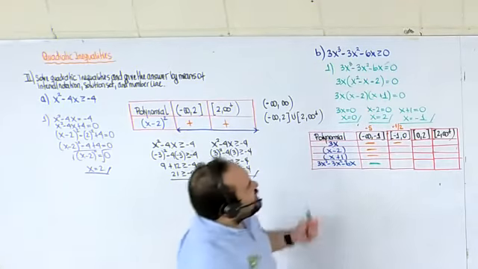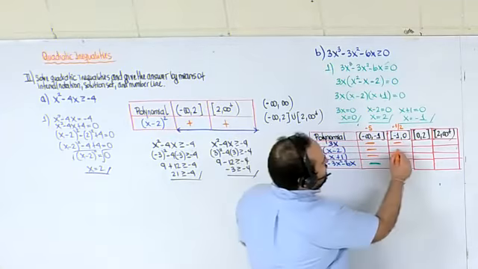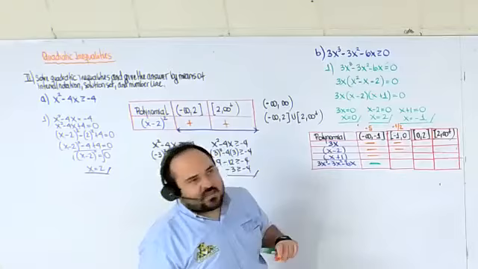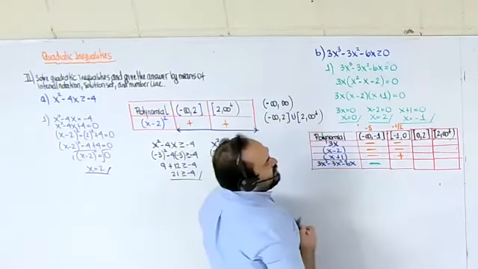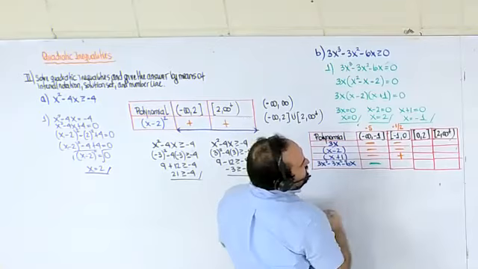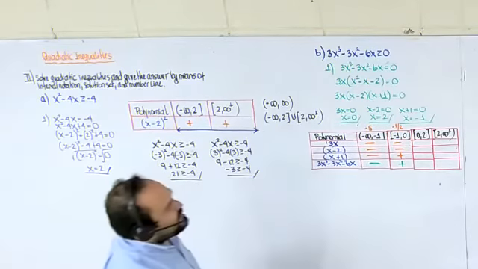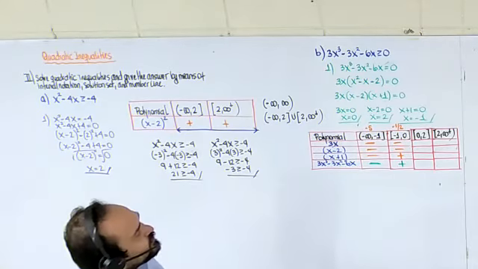Another one, -1/2 minus 2 is -5/2. Negative. Another one, -1/2 plus 1 is +1/2. Positive. Negative times negative is positive, times positive, positive. So we have the solution set for the second one.